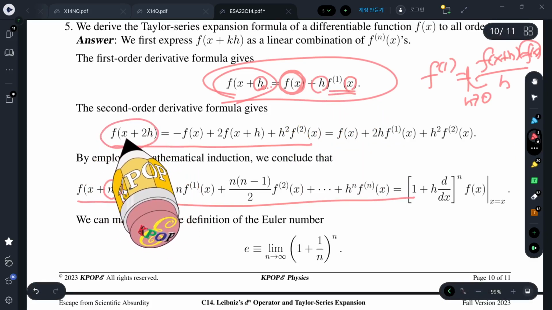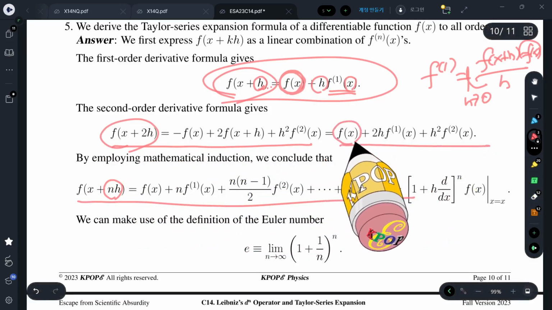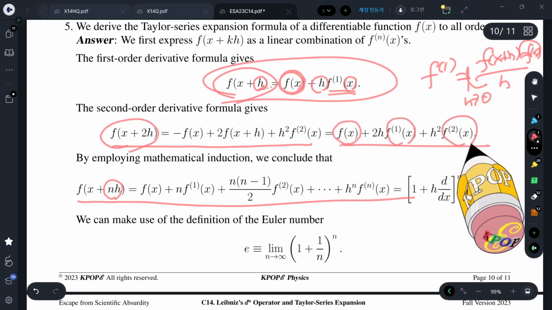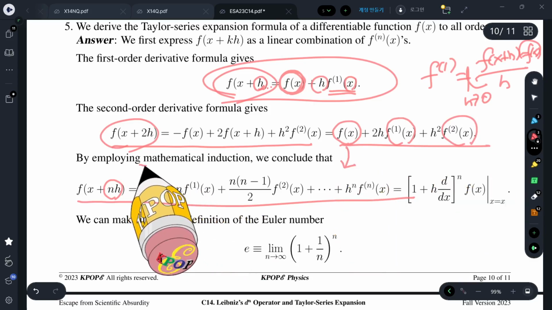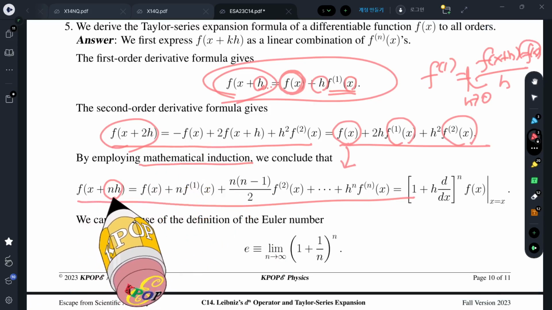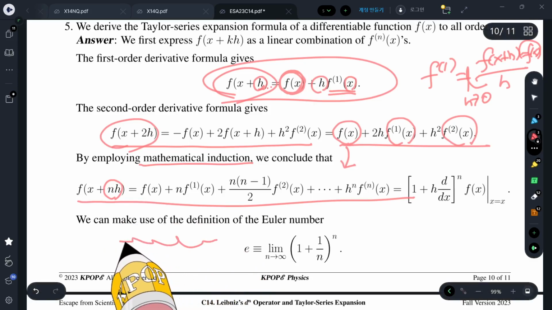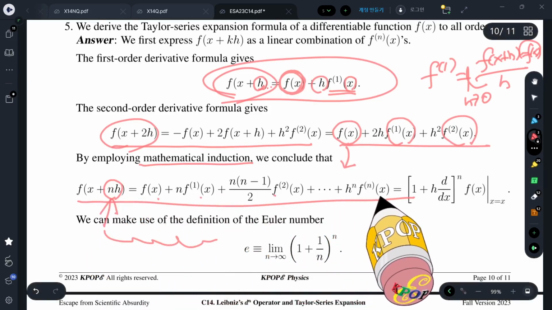At x plus 2h it is expressed in terms of f of x, first order derivative, and second order derivative. And if I apply mathematical induction, finally we can reach the value at x plus nh, shifted by n times, which can be expressed in this manner.